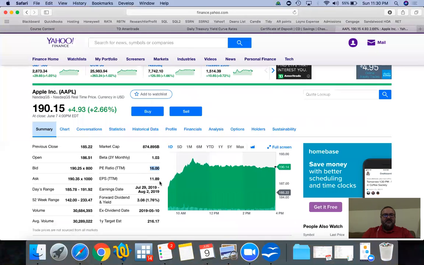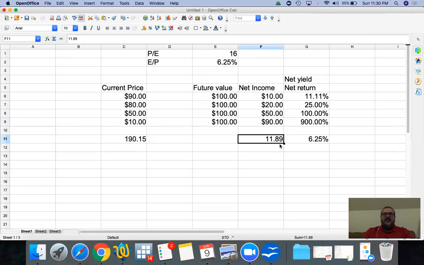This earnings per share of $11.89 right here, that is the historic earnings per share. We are expecting this to grow. We are expecting to earn more. At least we are expecting to earn 6.25%. Now, based on this, we are willing to pay $190.15 today.